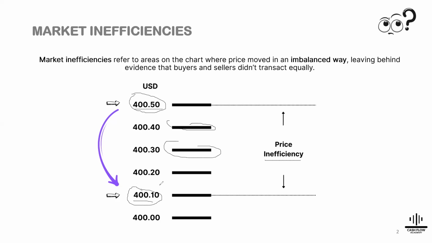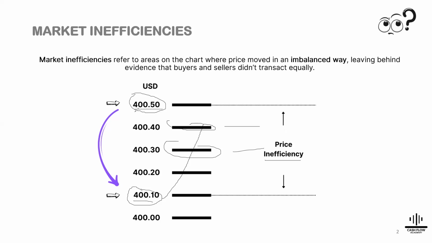Okay, so what usually happens is that price moves into that area of inefficiency, to give an opportunity for those who missed this trade or who placed their orders here so that they can be executed. Now, I want you to understand that if you place a buy limit here or whatever order you place here, if market does not get to that price, that order will not be executed.